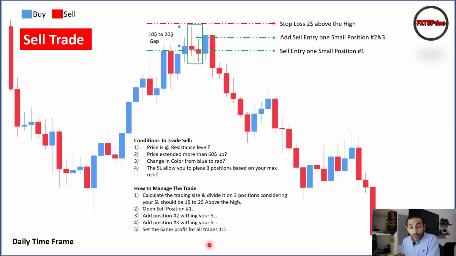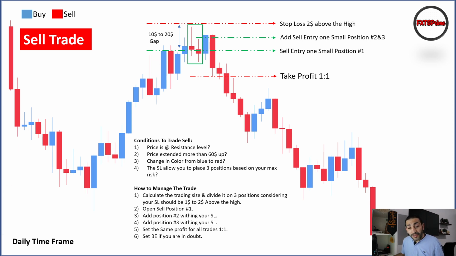Then now you're going to target 1 to 1 take profit. So if you target a 1 to 1 take profit now, you will end up having more than 1 to 1, because the moment you place your entry here and you are adding from the backside, so the second and the third position, the gap between them and the stop loss is getting smaller, and the gap between them and the take profit becomes bigger.